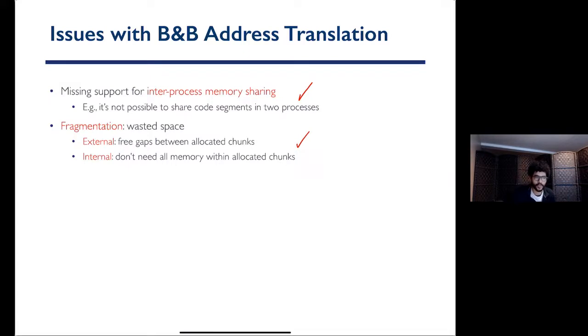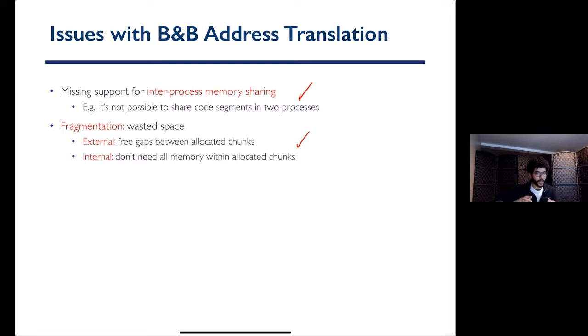There are two types of memory fragmentation: external fragmentation and internal fragmentation. External fragmentation means that you have some free gap between allocated chunks that you cannot use. So there's free memory between allocations that is not usable.